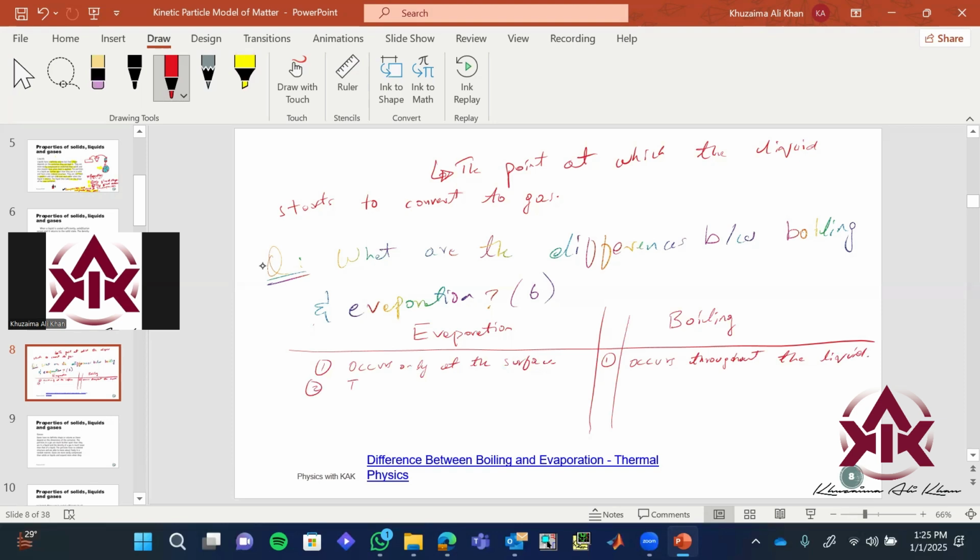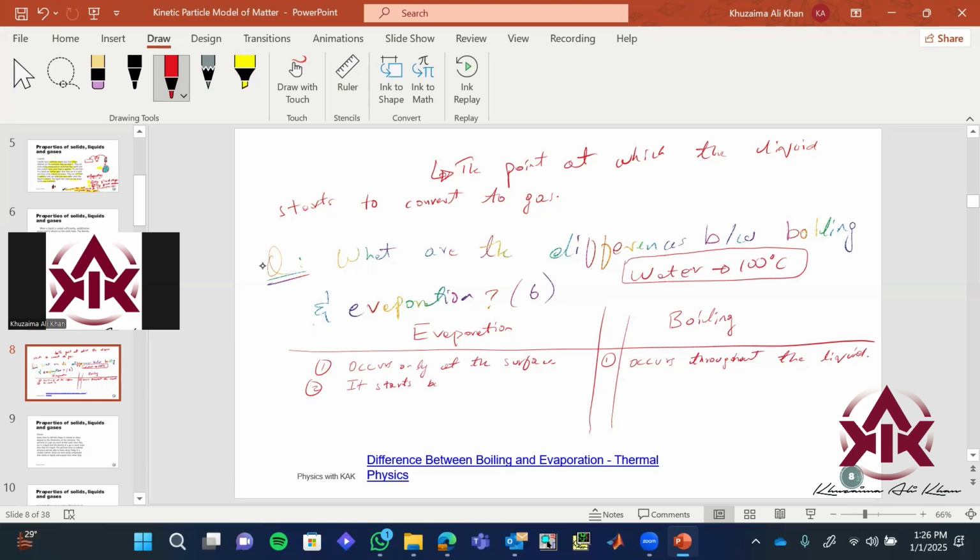And what is the second difference? That evaporation starts before the boiling point, right? If I talk about water, the boiling point for water is basically 100 degrees Celsius at sea level, right? Evaporation can take place at any temperature.